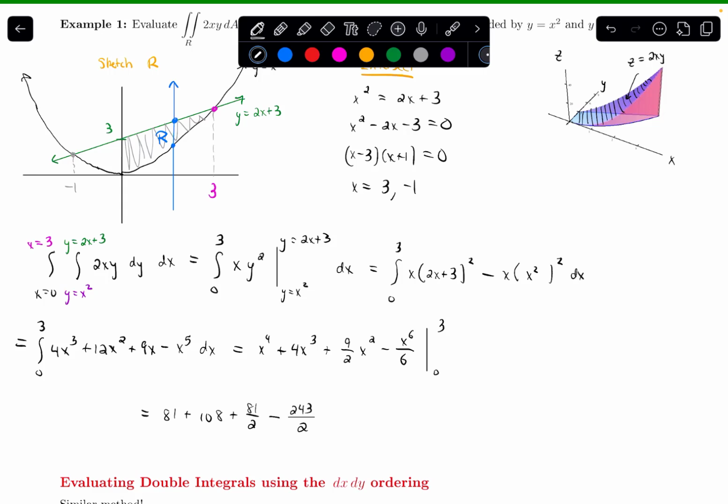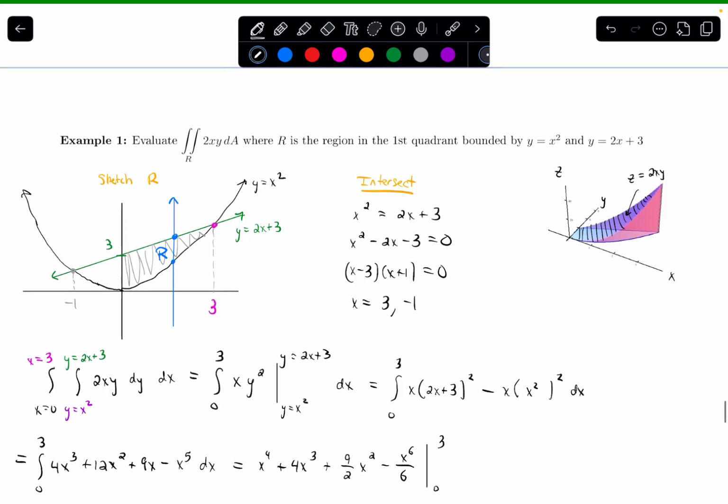Then I have to subtract what I get if I plug 0 in. If I plug 0 into all of this, I just get 0. I'm going to trust that we can simplify it. If we simplify this, we get 108, and that's our answer.